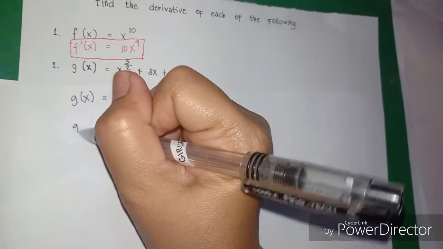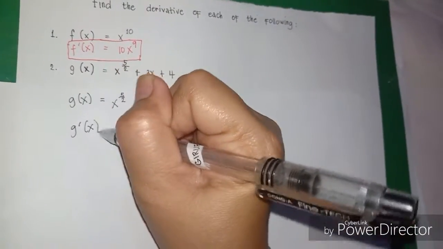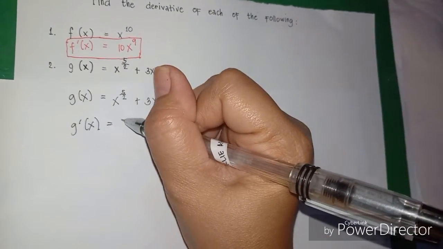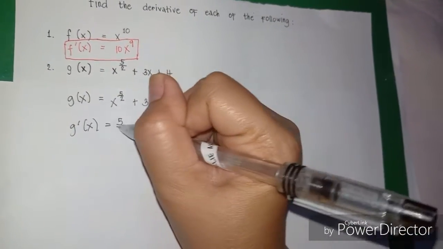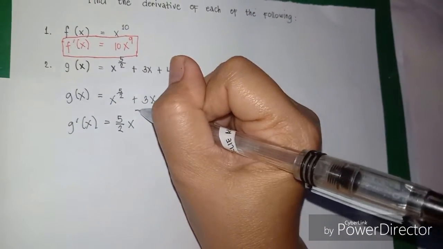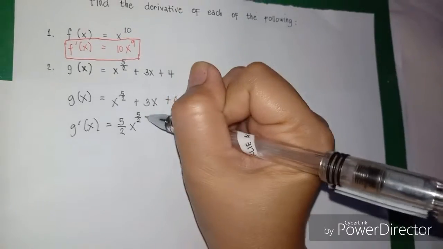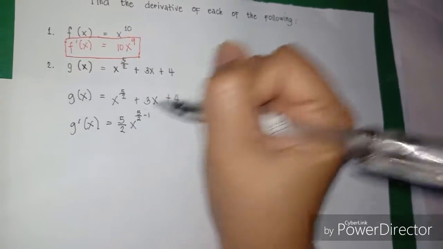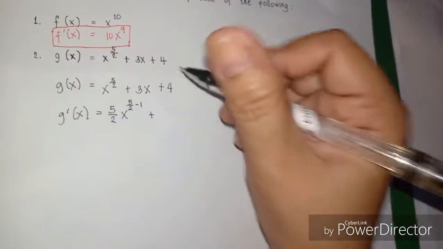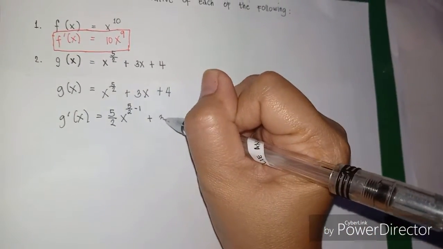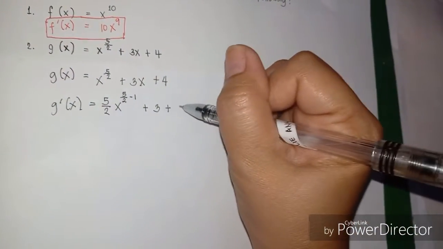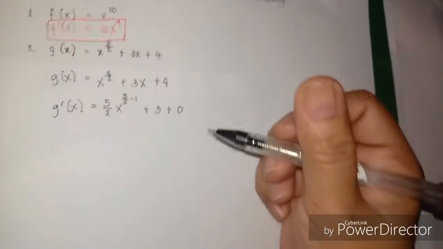In finding its derivative, again, you simply drop the exponent in front. So you have here 5 over 2 x, then you reduce the exponent by 1, so 5 over 2 minus 1, plus the derivative of 3x, which is simply 3, plus the derivative of 4. The derivative of a constant is 0.